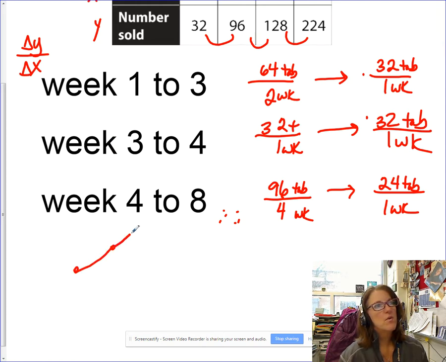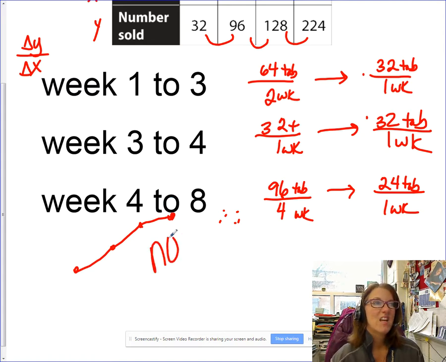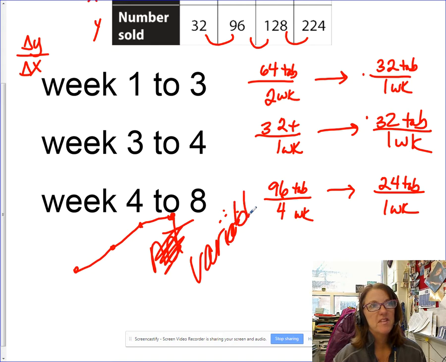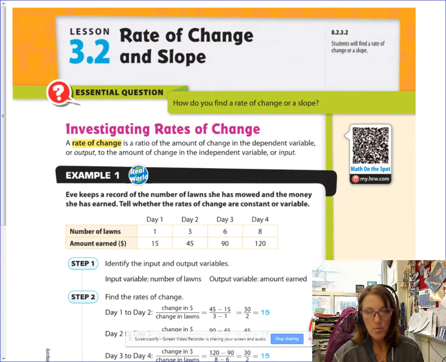Week 3 to week 4 is exactly the same. And then this one is only 24 instead of 32. It's going to be not as steep, more gradual or more flat. Not a constant rate of change. So we call this variable. It's changing.